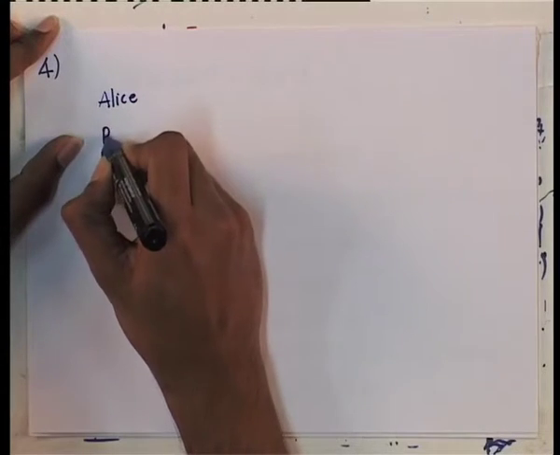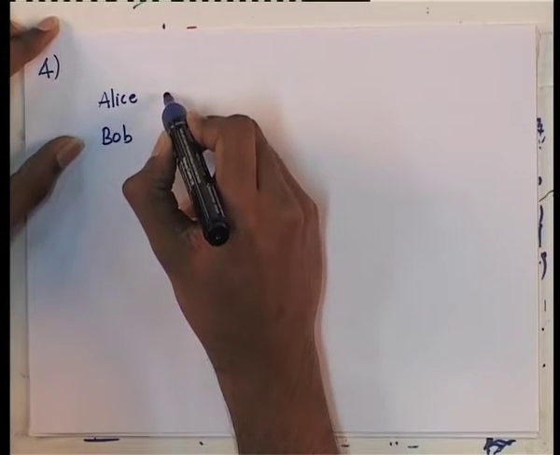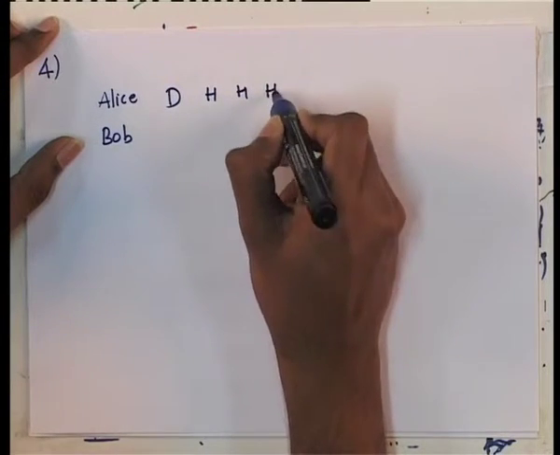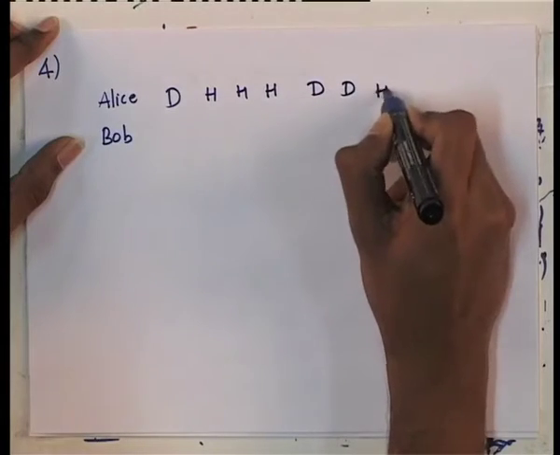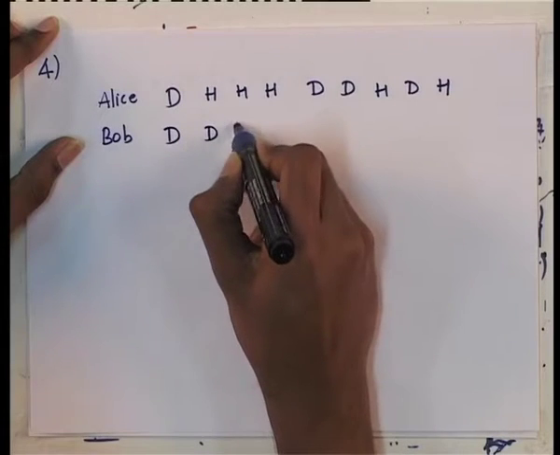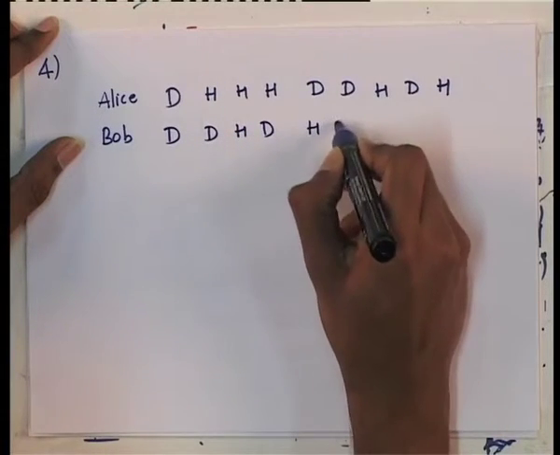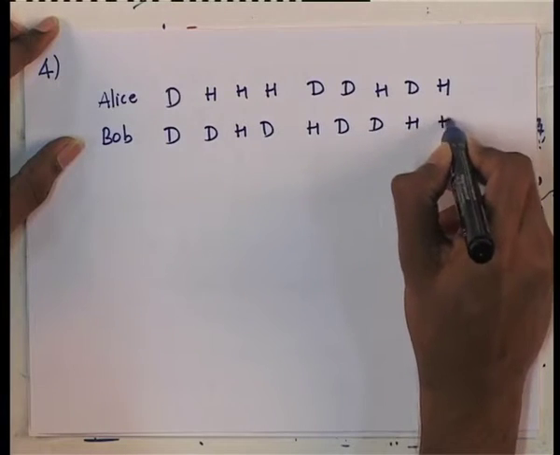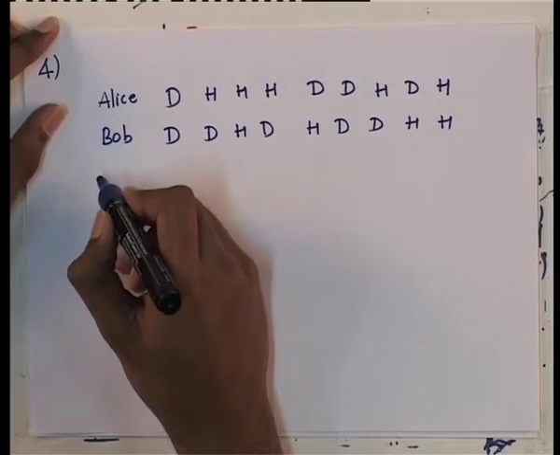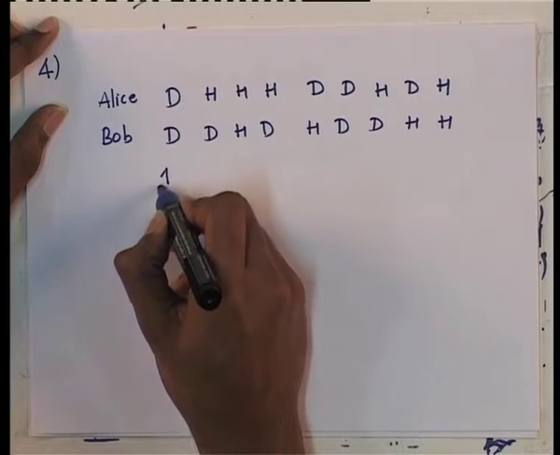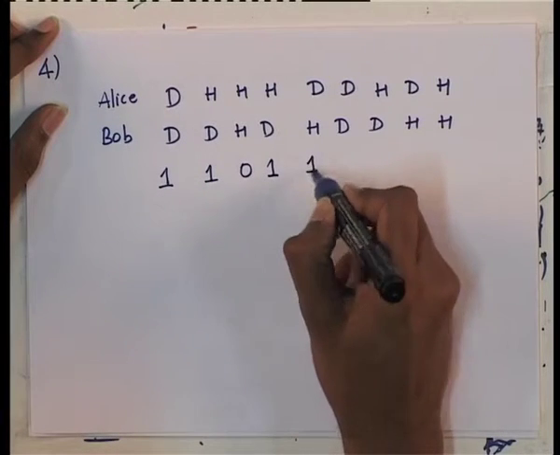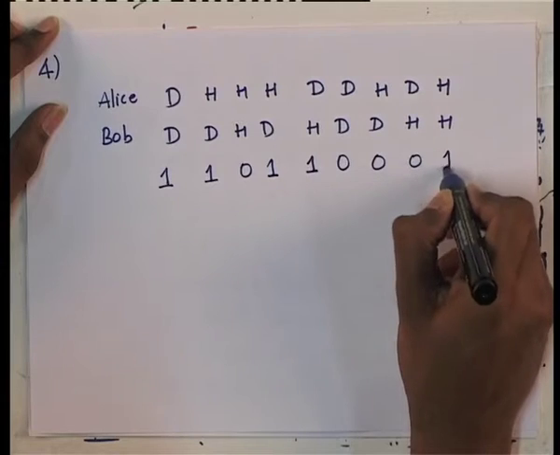Alice, Bob. The sequence of bases used by Alice are D, H, H, H, D, D, H, D, H, and Bob D, D, H, D, H, D, D, H, H. And the code received by Bob is 1 1 0 1 1 0 0 0 1.